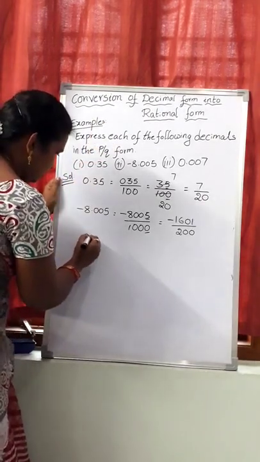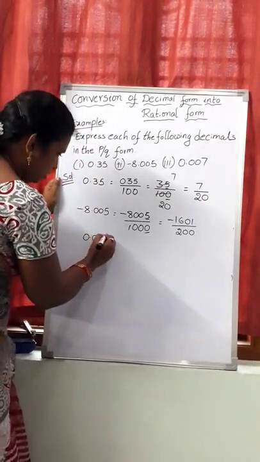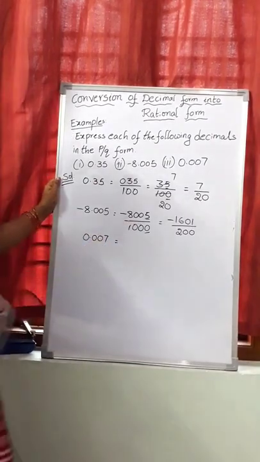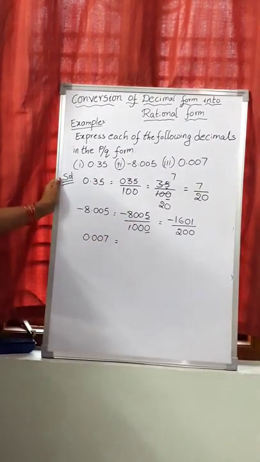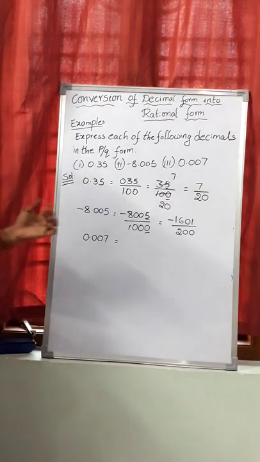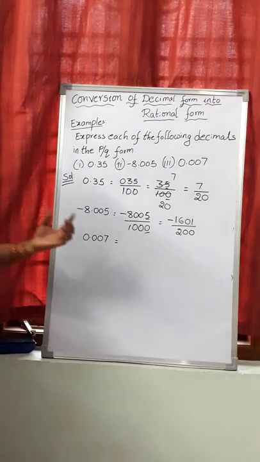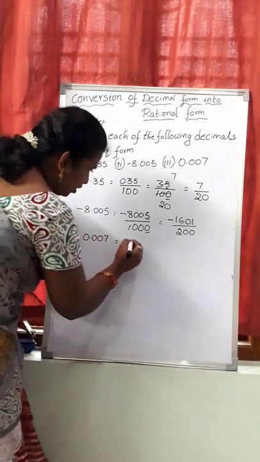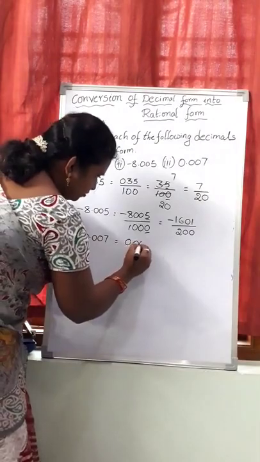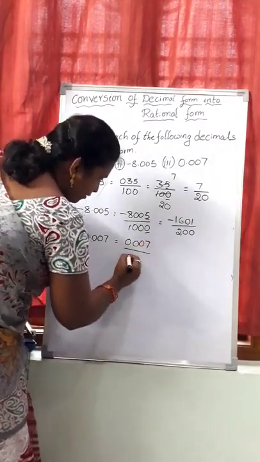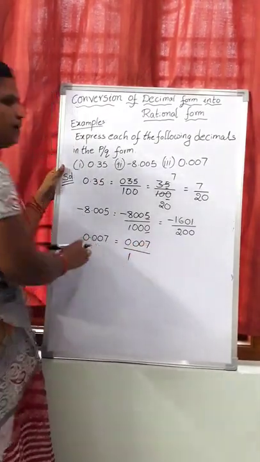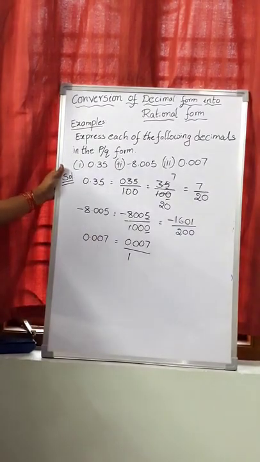Okay. Now come to the third one. We are having 0.007. Here how to convert this one into the rational form? So here also first of all remove the decimal and write the number as it is, whatever you are having, 007 by 1. It is followed by, here we are having how many decimal places?